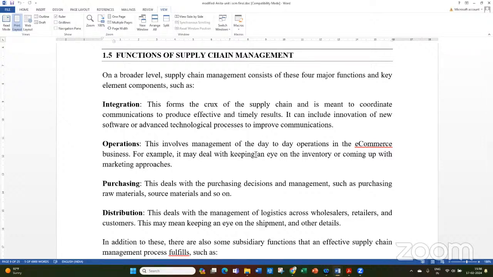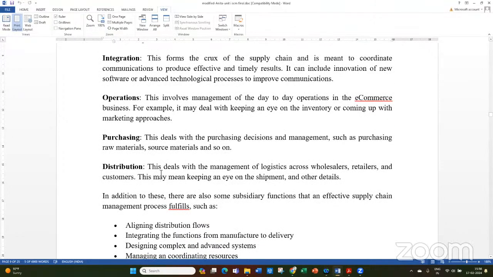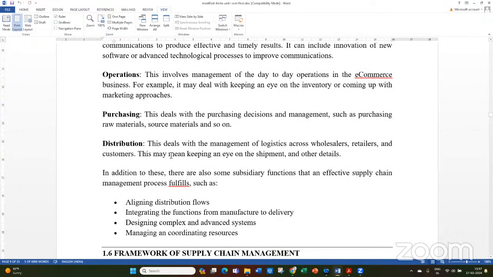Well, you can do the other functions, like purchasing, then distribution, product distribution of the goods.